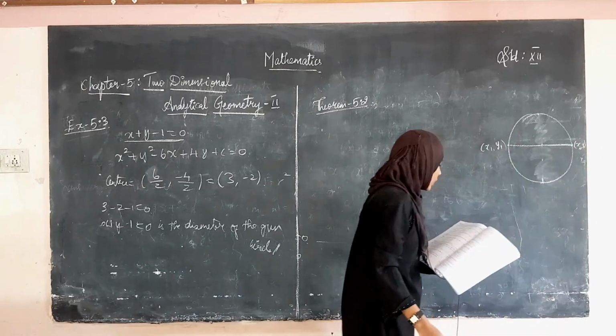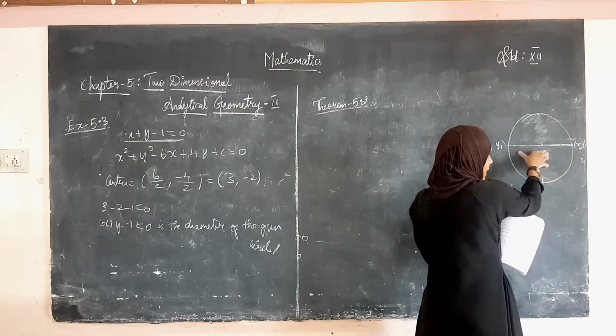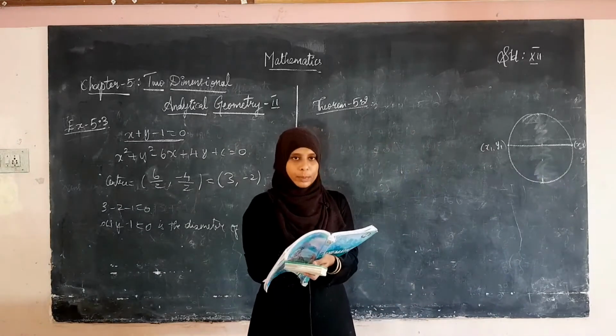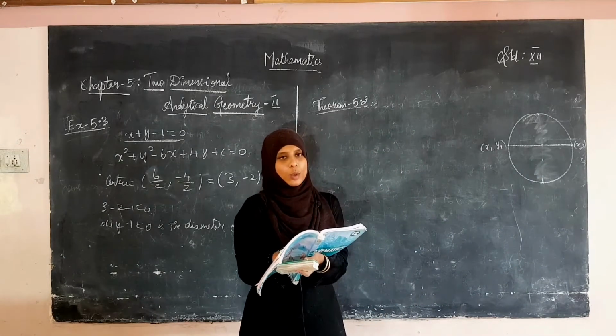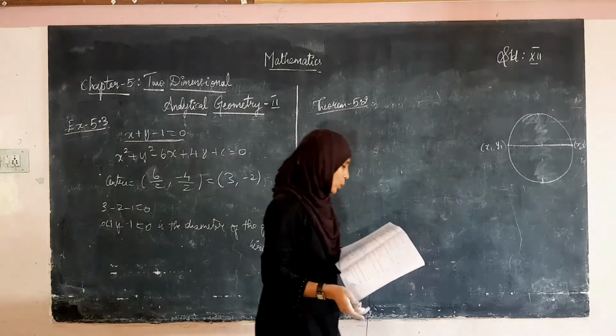Okay. So if these are the end points of this line, then we have to show that x minus x1 into x minus x2 plus y minus y1 into y minus y2 is equal to 0 is the equation of this circle. We have to prove that. Okay.